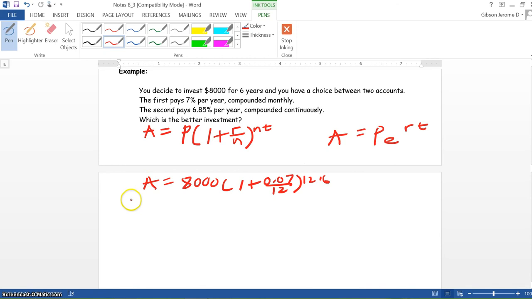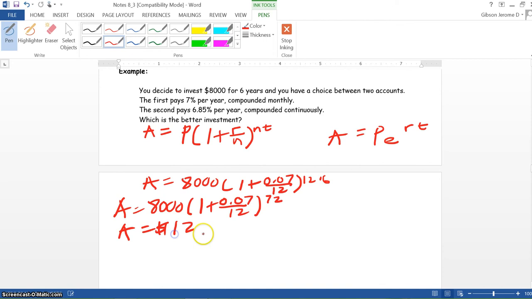So now, we will have A is equal to 8,000 times... Now, if we put this 0.07 over 12 in the calculator, it's going to give us a repeating decimal, so we're just going to leave it as this for now. And 12 times 6 is 72. Now, we could put all of this in our calculator, and that will give us $12,160.84. That's how much will be earned on that account.